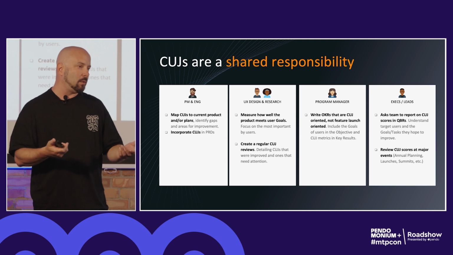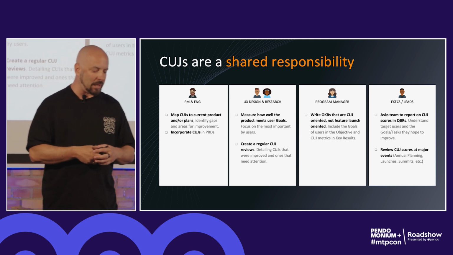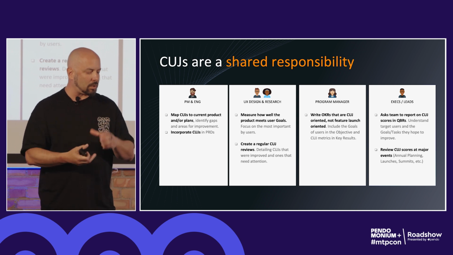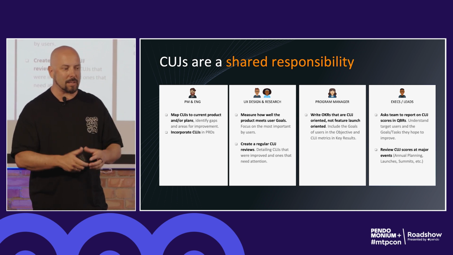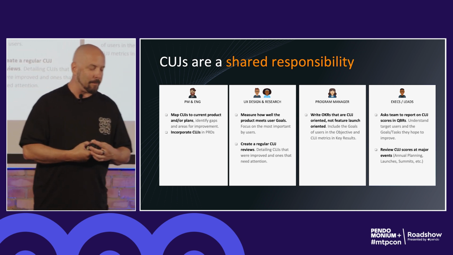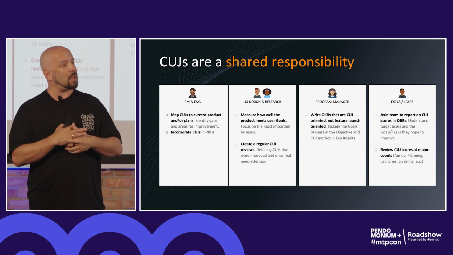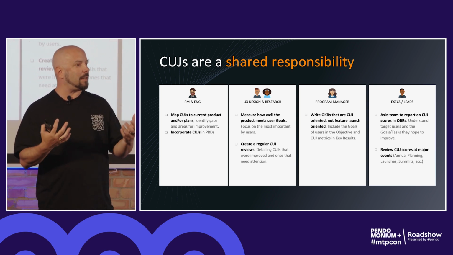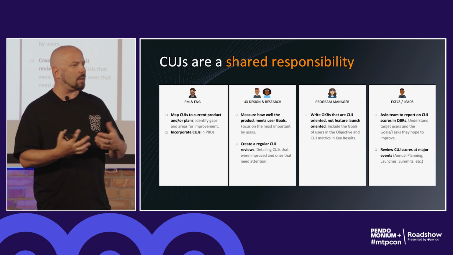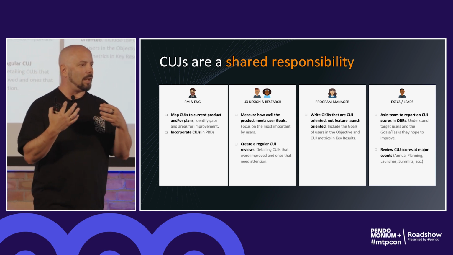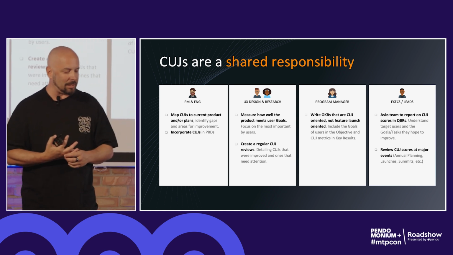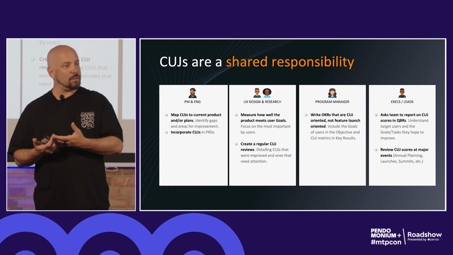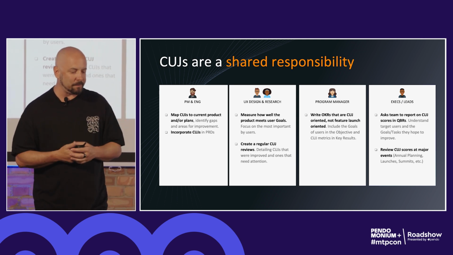You have obviously UX who will use CUJs to understand how the goals are met, to structure the research accordingly, to create the mocks accordingly, to do reviews of the CUJs, also benchmarking studies, these kinds of things. Program managers need to make sure OKRs are phrased in a way that uses the CUJs too, right? That makes sure we use the right metrics that are CUJ related, not just revenue.